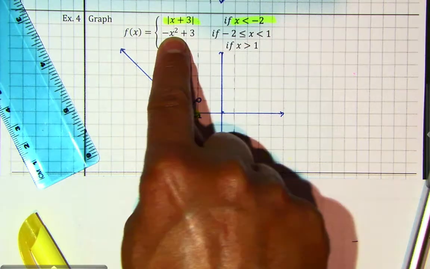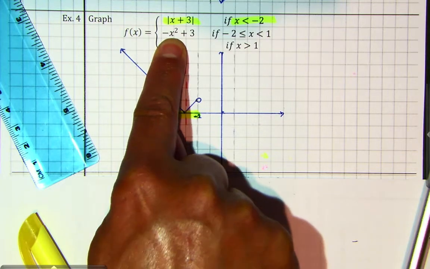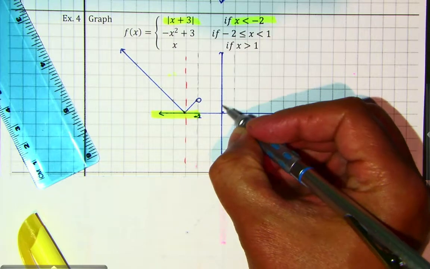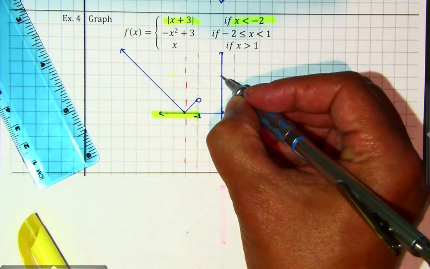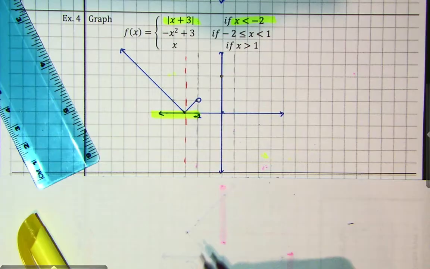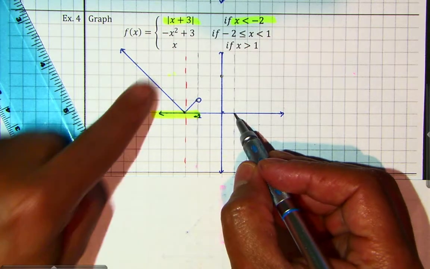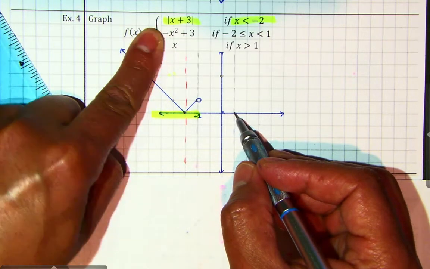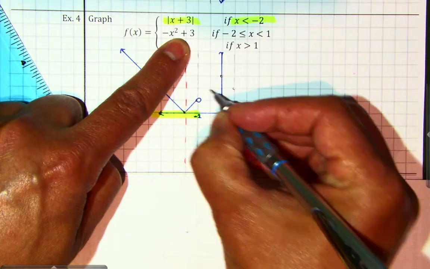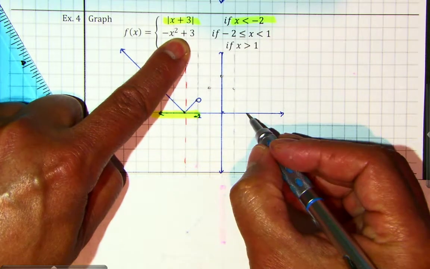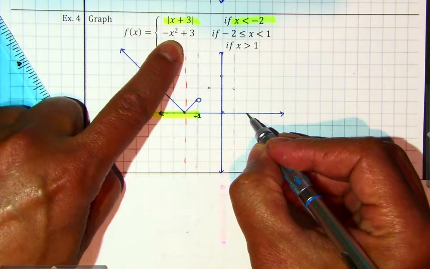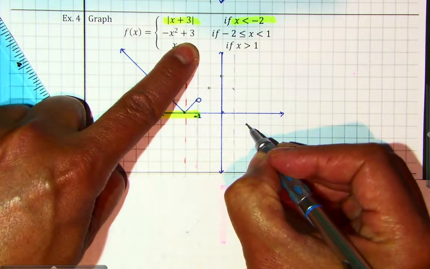For the second one, we have a parabola that's facing down, where my vertex is 0, 3. My y-intercept is 3 as well. Then I'm plugging in 1. Plugging in 1 gives you 1 squared is 1, times the negative is -1, plus 3 gives you 2, and reflected. Now plugging in -2. -2 squared is 4, times the negative is -4, plus 3 is -1, and reflected.